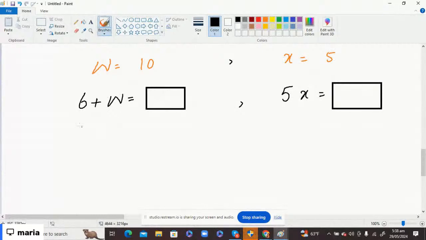Let me also solve. Okay, 6 plus, in place of w we put 10, so 6 plus 10 is 16. My answer is 16. Now 5x, what's the answer for that?